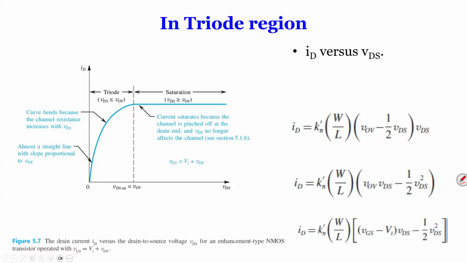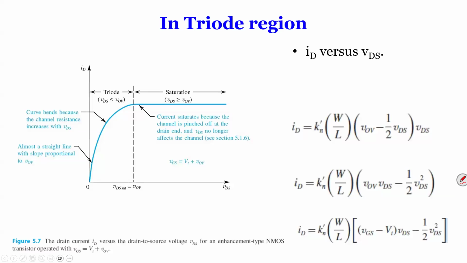When this is true and you increase VDS, initially it's in the linear region. This small region is linear, even though it doesn't look really linear, but over here maybe a small region is linear. So the current increases quite fast. But then it goes slower and slower and slower, and all the way it gets to some point, like here.